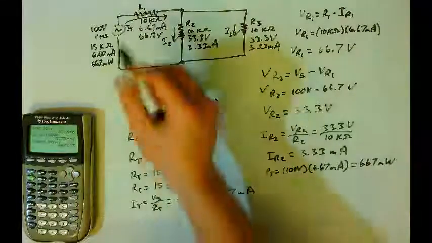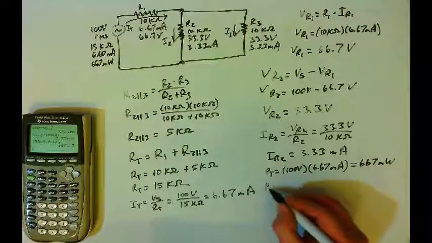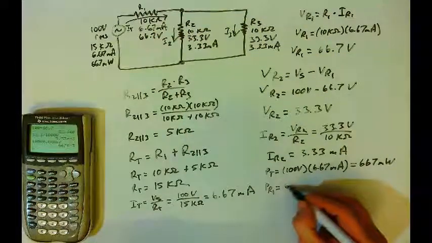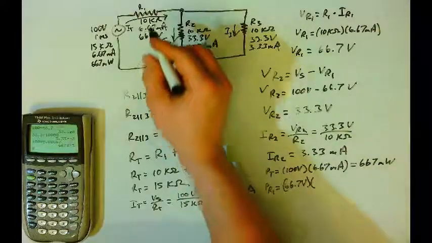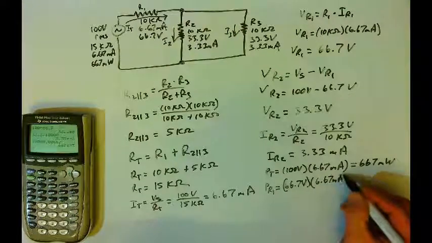And we want to find the power in each of the three resistors. So the power of resistor 1 will be 66.7 volts times 6.67 milliamps.